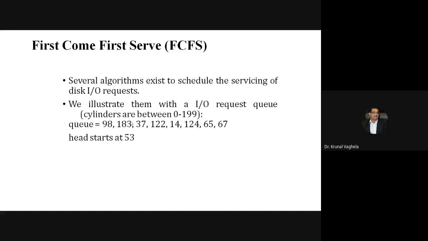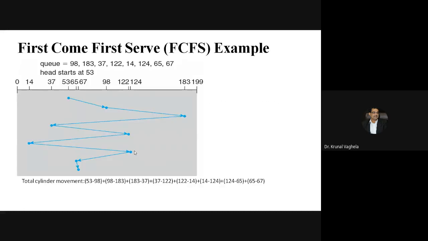From 183 your arm comes to cylinder 37, then 122, then 14, then 124. Then it goes to 65, and then to 67. So this will be the arm movement. Now, if we want to visualize, this is the case.